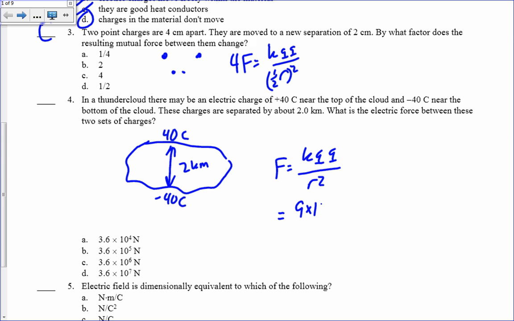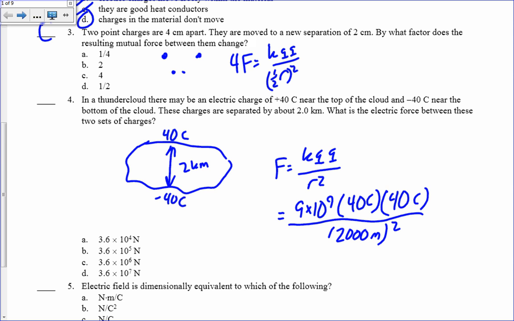That's 9 times 10 to the 9th, 40 coulombs, divided by 2 kilometers squared. That's 2,000 meters squared. Okay, 3.6 times 10 to the 6, so it's C for number 4.